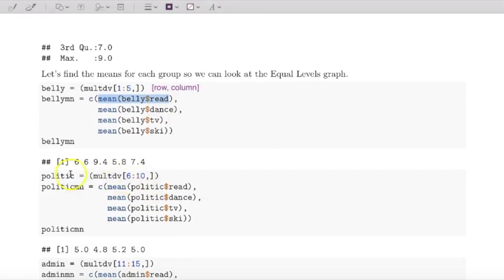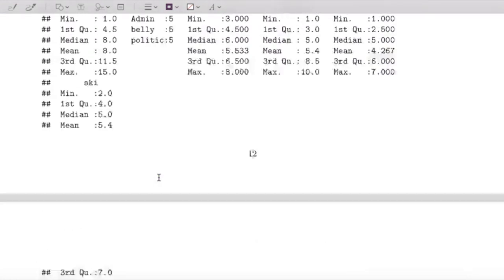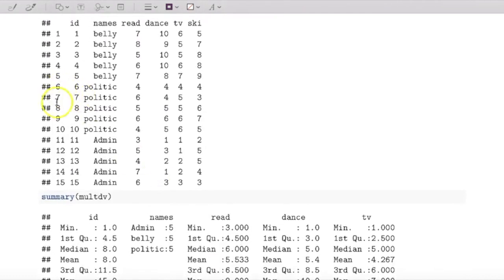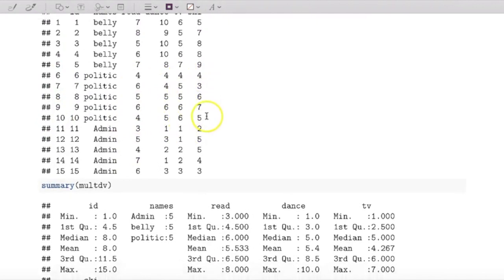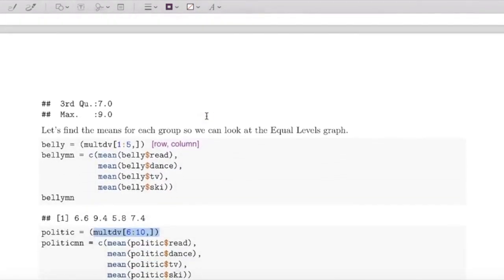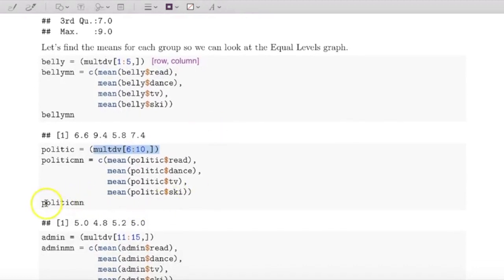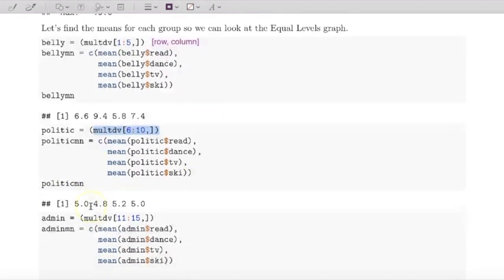I did the same thing for politicians. I just tell it I want to look at rows 6 to 10, which are the politicians, and then I'm going to calculate the mean for each one of these mini columns that I created, and store everything in politic MN.